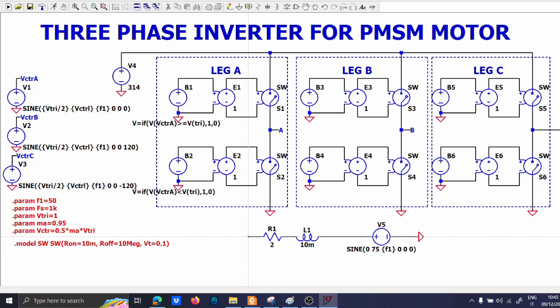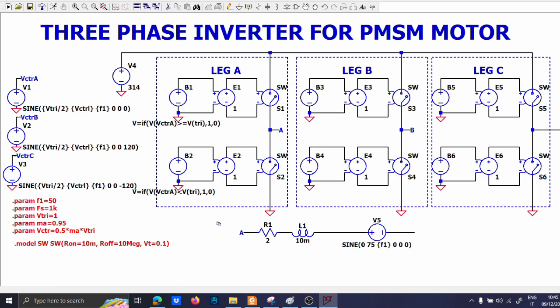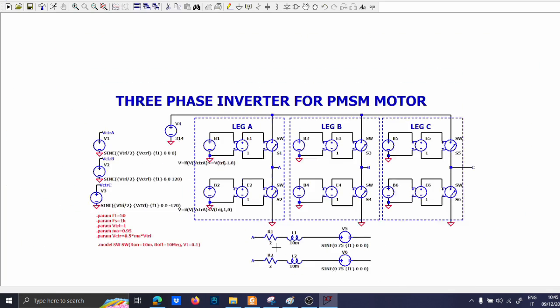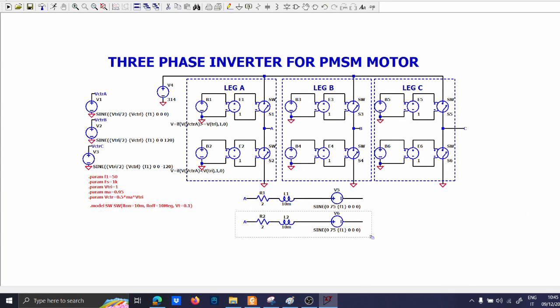This is connected to A. And we will perform a delta connection. So let us put everything like this.